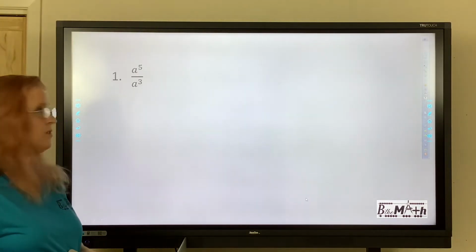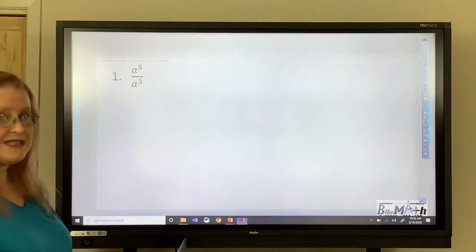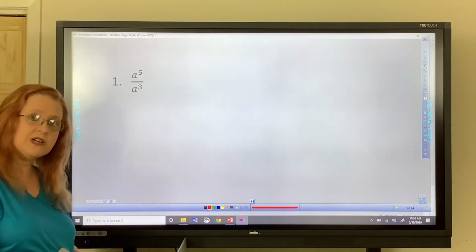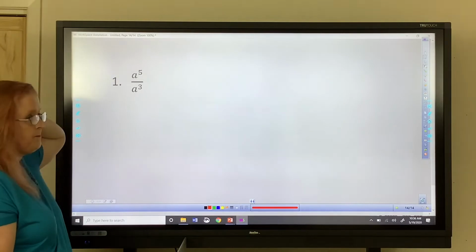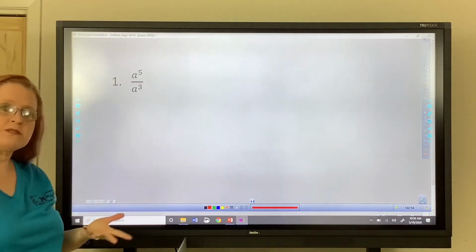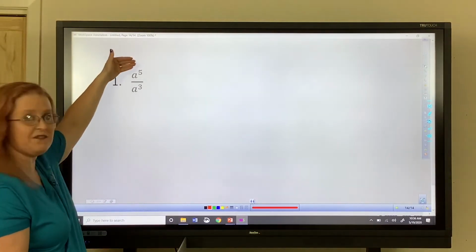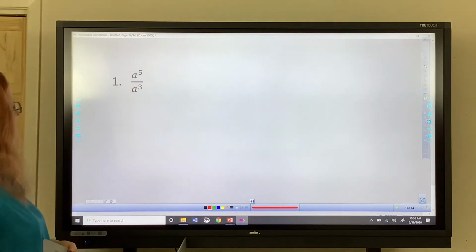Okay, so let's look at how this works. The rule states subtract the exponents, work with the larger exponent. So let's look at this problem. We have a to the 5th divided by a to the 3rd. Which one is my larger exponent? Well, hopefully you understand that 5 is bigger than 3. And so we're going to be working on the top.